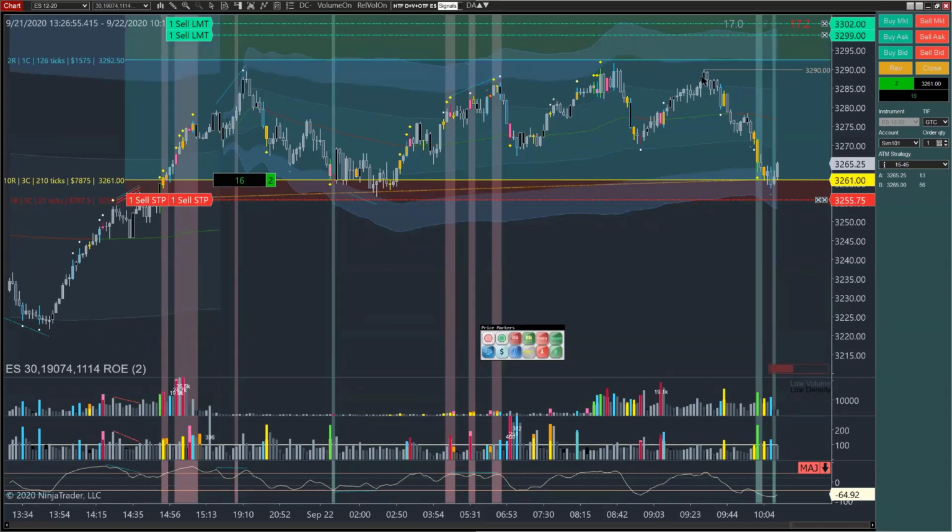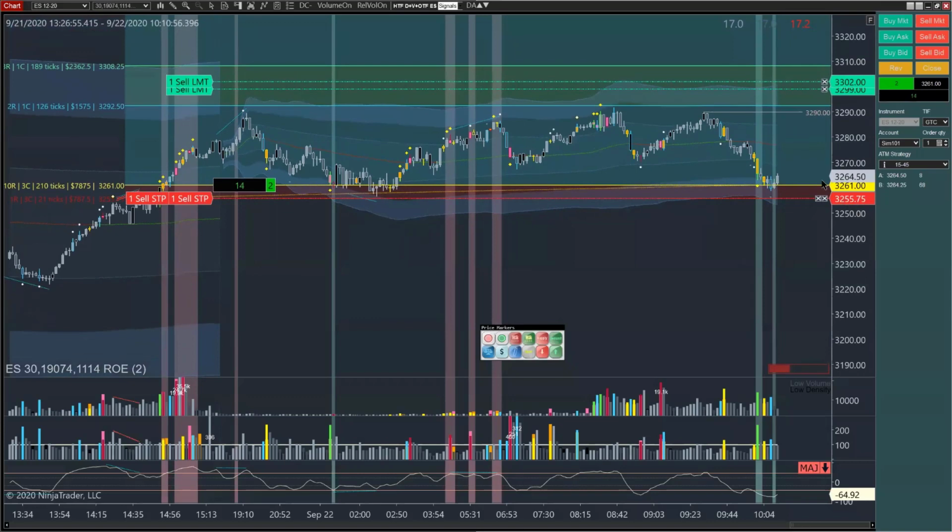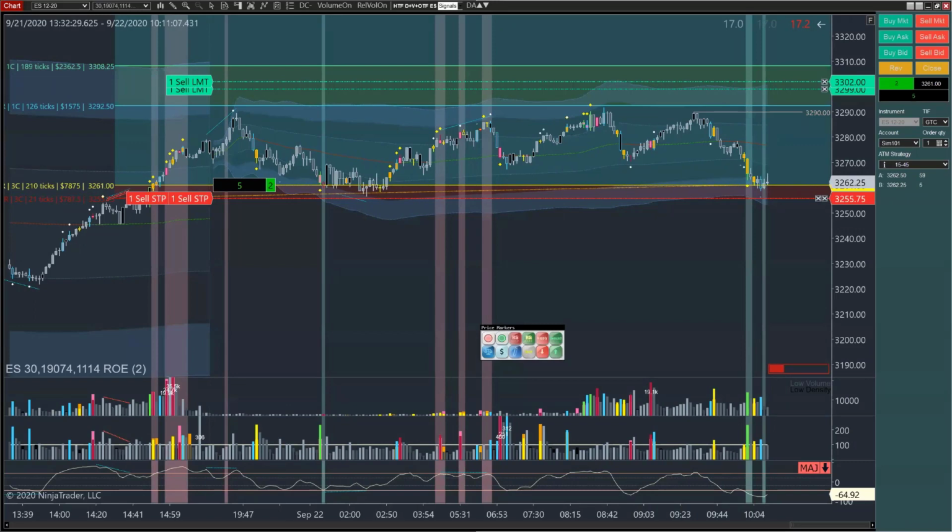Well, certainly not here. One more high and it will definitely be so. So the gap is at 32.28-ish.